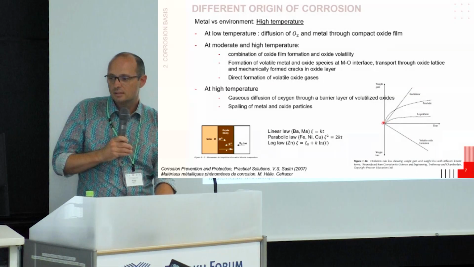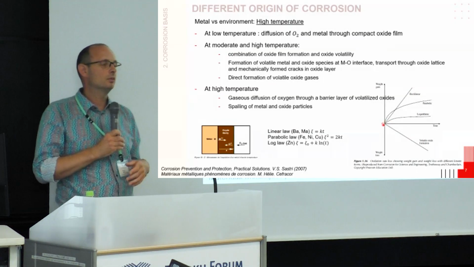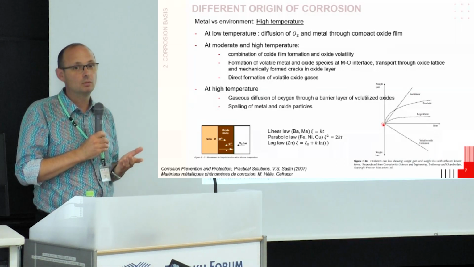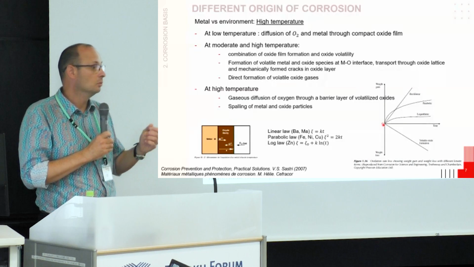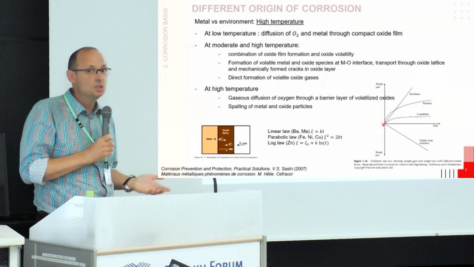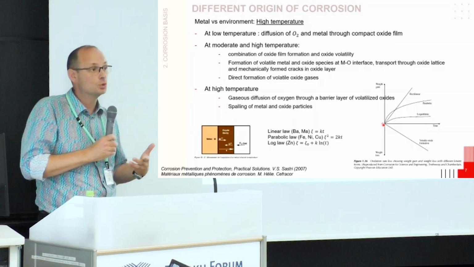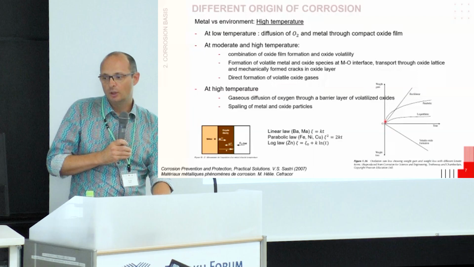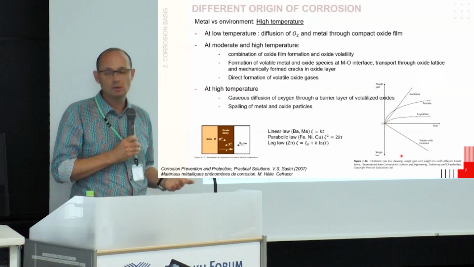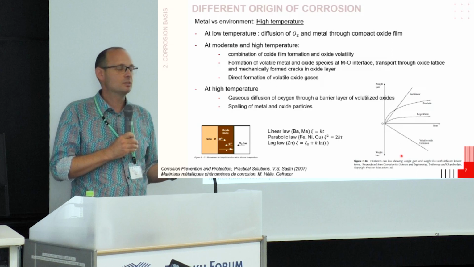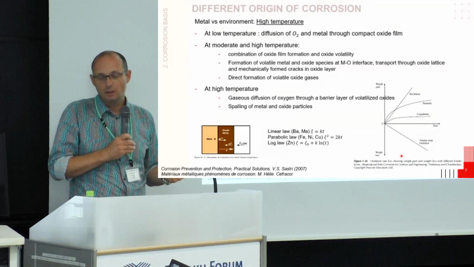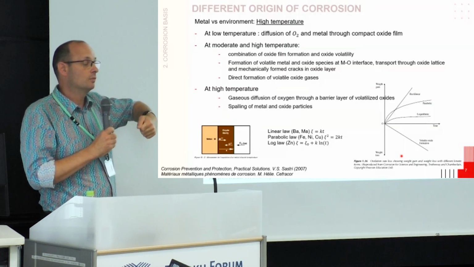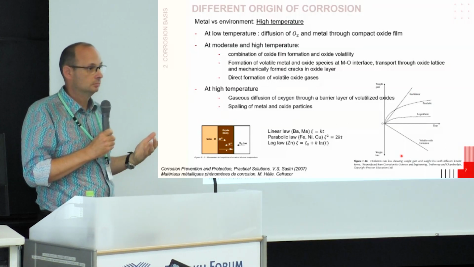Experimentally, on metals at high temperature, the first experiments consisted of weighing the material. You have a balance with the material on it, you inject the gas, and you follow the evolution of the weight of the sample. Sometimes you can have a loss of weight: you oxidize your material, but the oxide becomes volatile and disappears from the surface.